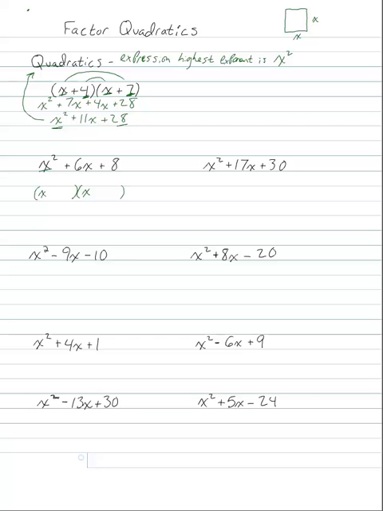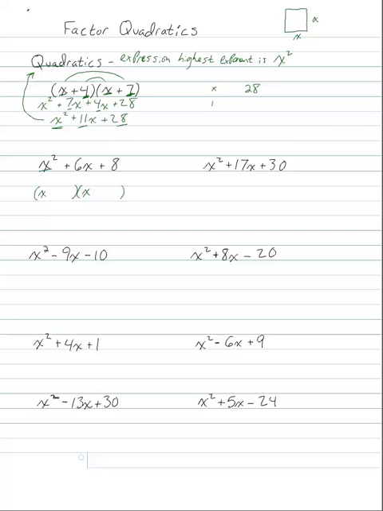So we multiply stuff together to give me a 28. We got that middle number by adding the 4 and the 7. The 4 and the 7 got multiplied by the x, and then we added them.